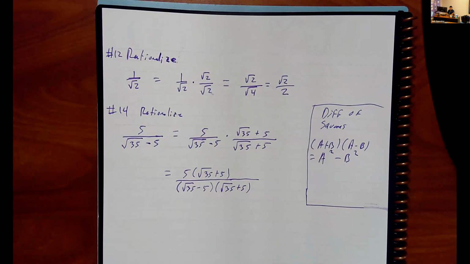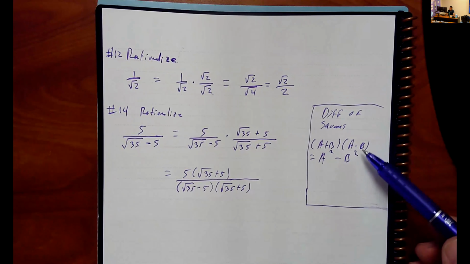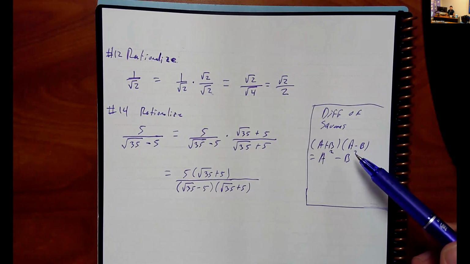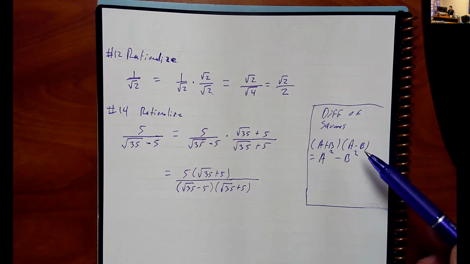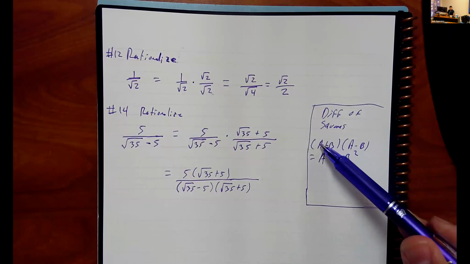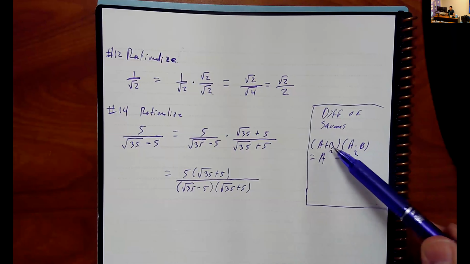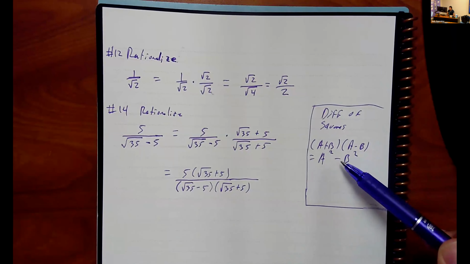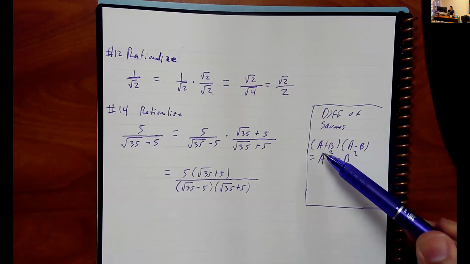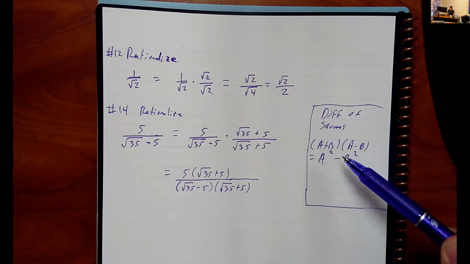And if you don't, it's cool. I think I saw this first time, I want to say 6th grade, maybe 7th. So it was a long time ago. But essentially all it's saying is we have the same thing, right, with a plus and a minus in the middle, you just multiply. You just square those two terms. That's it.